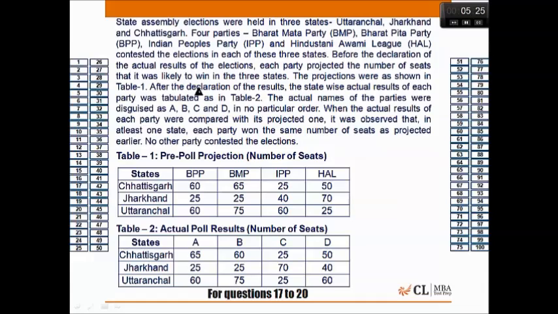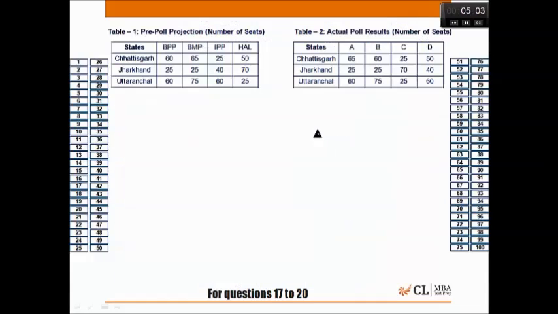The party names were disguised as A, B, C and D in no particular order. Comparing results with projections, in at least one state each party won the same number of seats as projected.